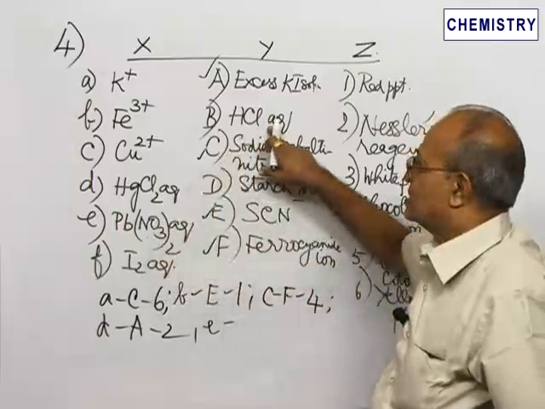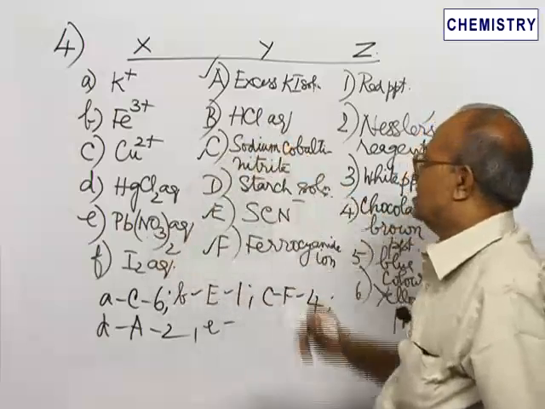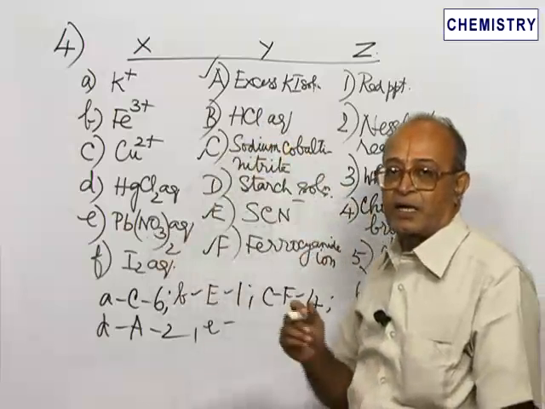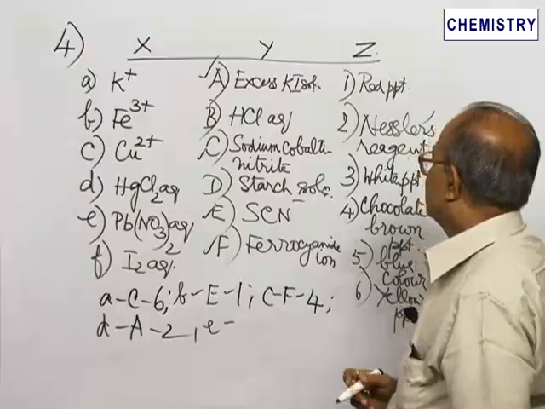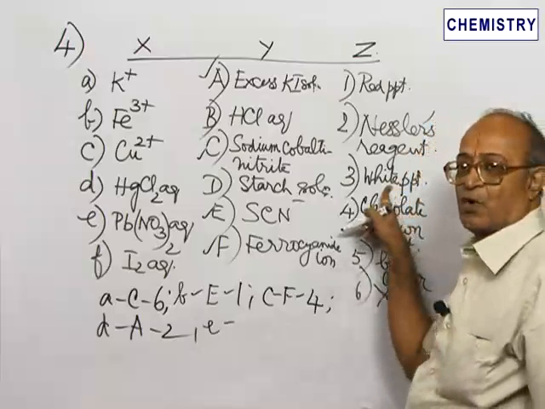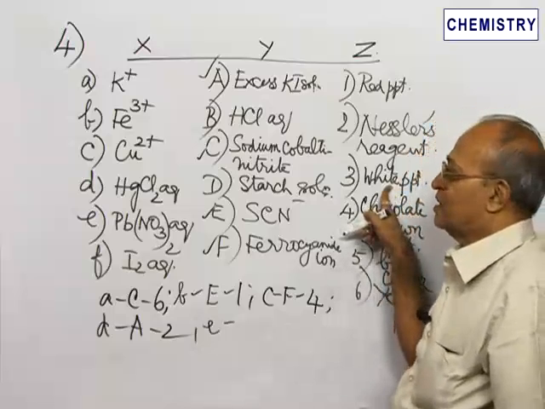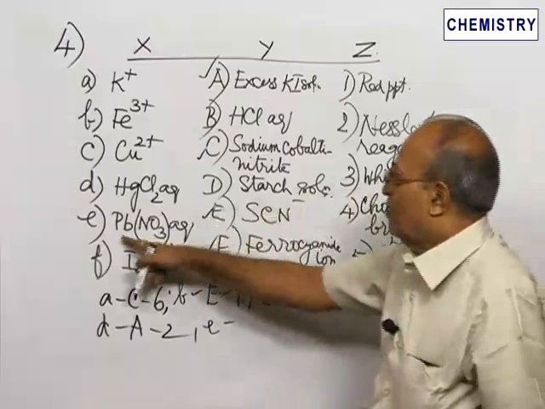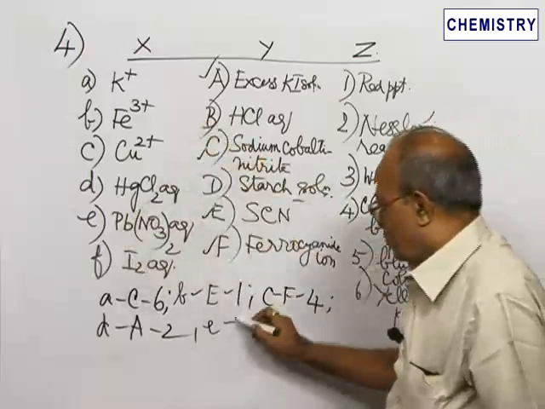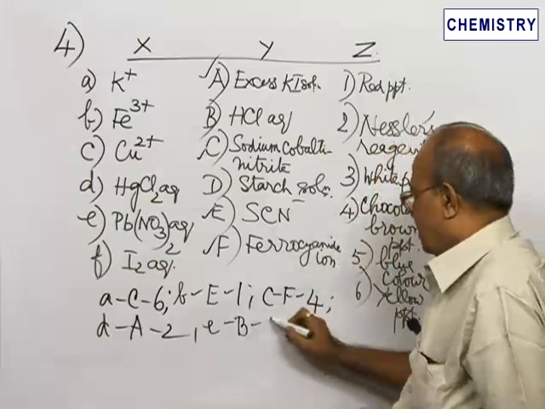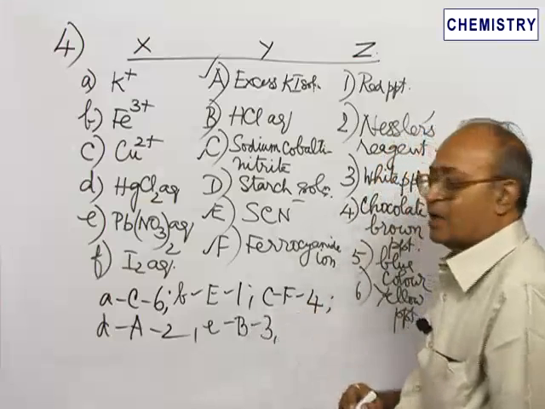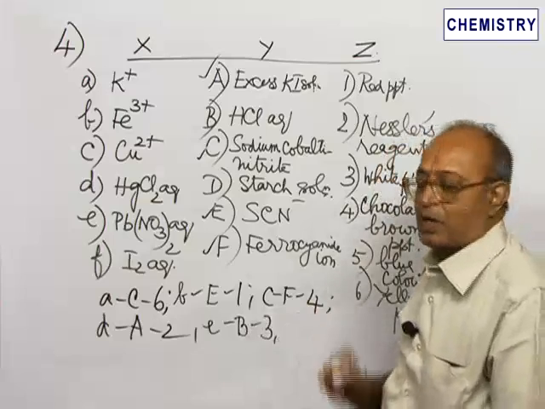For lead salts, if you add hydrochloric acid, lead chloride is precipitated. Lead chloride is white in color, so white precipitate is given here. So for E, B from column Y and 3 from column Z.